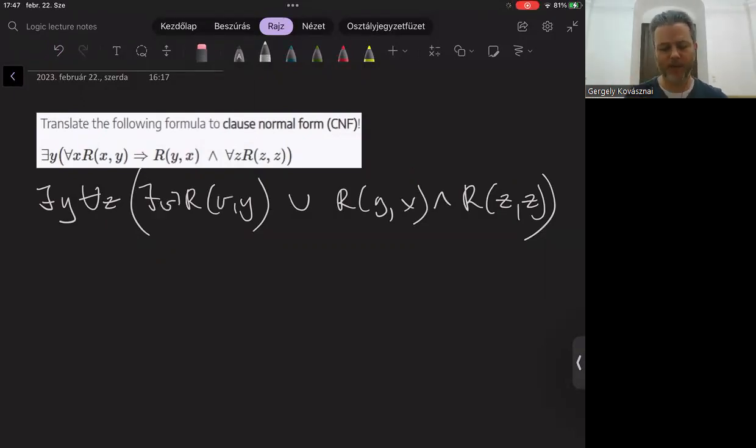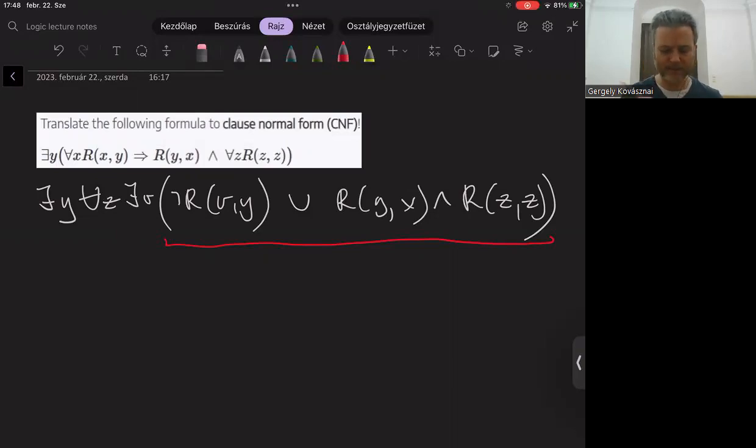And now we can lift the quantifier in front. So the resulting quantifier prefix now is exists y, for all z, exists v. Okay, as you can see, now this formula is in prenex form because all the quantifiers are in front, and in their scope you can only find a quantifier-free formula.